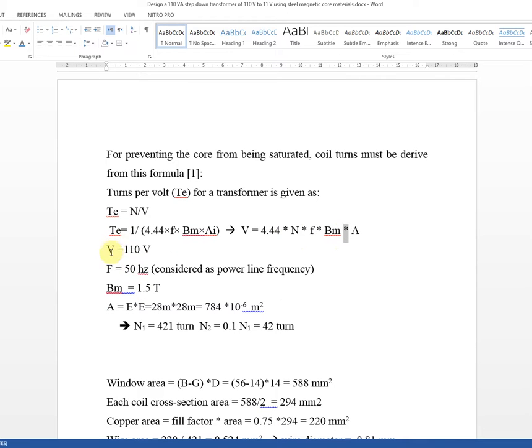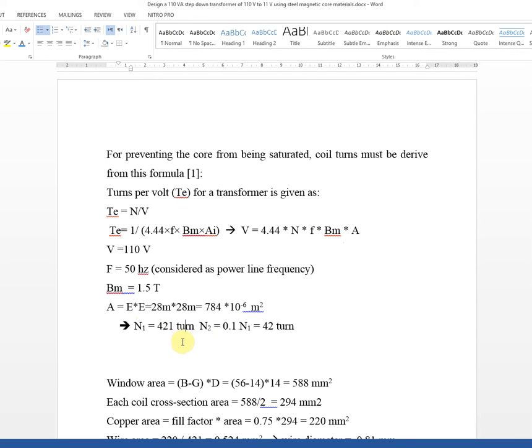Voltage is 110, frequency is considered as 50, and maximum flux density will be equal to 1.5 teslas. The core that we chose has 784 millimeter squared area, and so the number of primary turns can be calculated as 421.